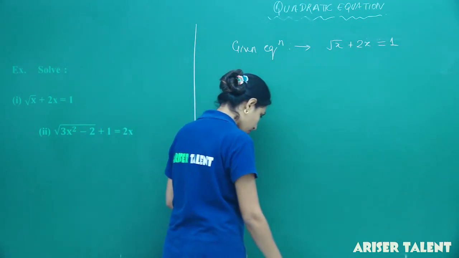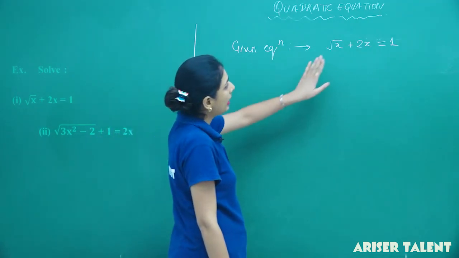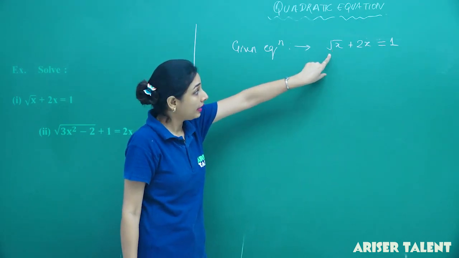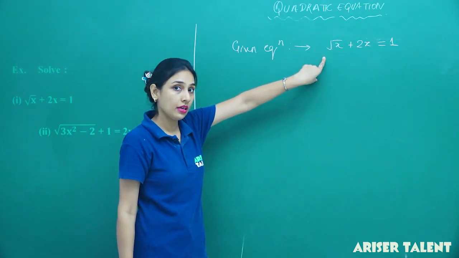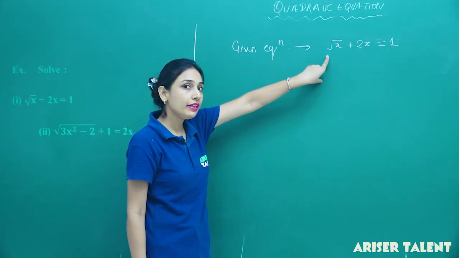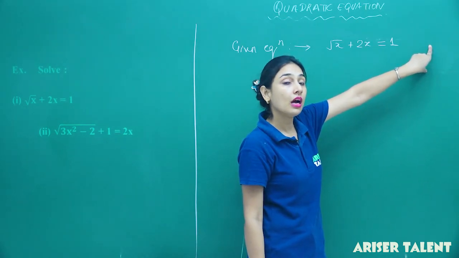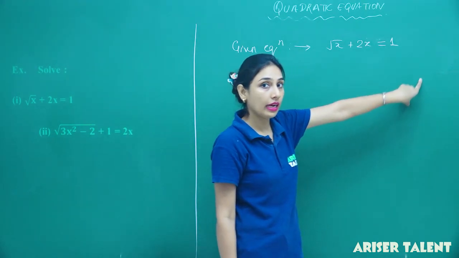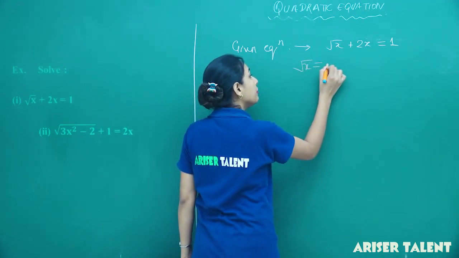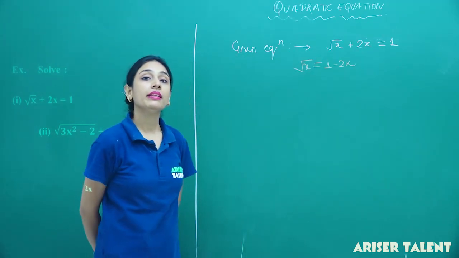Right. So if it is equals to 1, then I'll just do what? I'll keep this particular root term in the LHS, and transpose all the values from the RHS. Okay, I can do this, right? So it will become root x equals to 1 minus 2x.